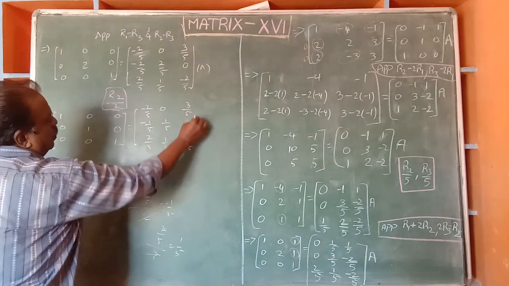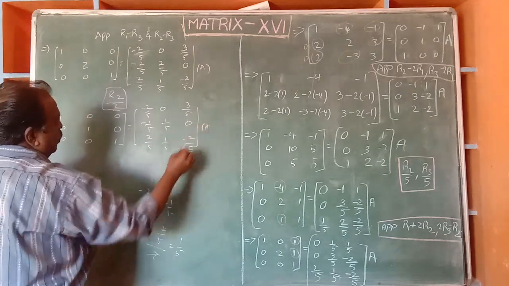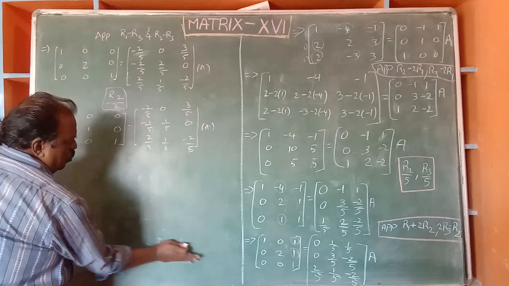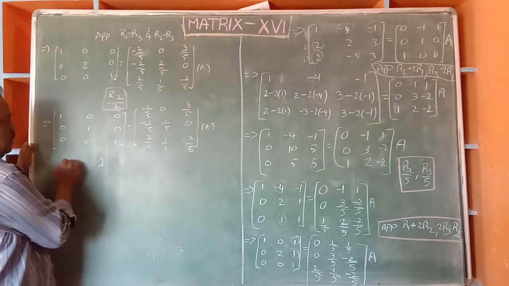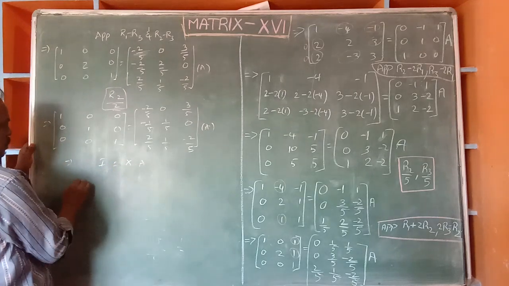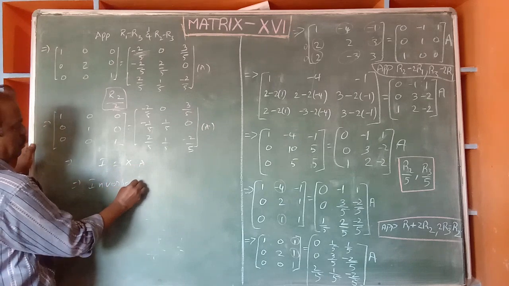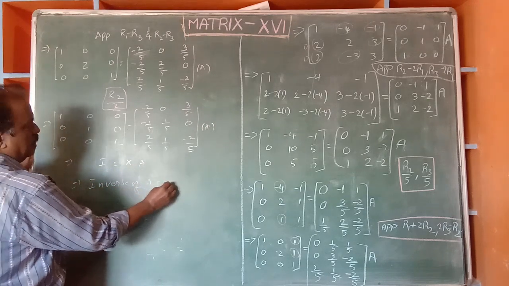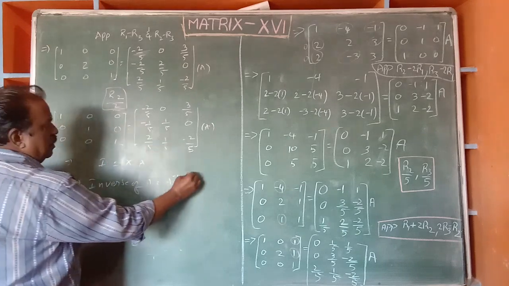Okay, now observe: X into A. Now we get in LHS I. This is I is equal to X into A. That implies inverse of A is equal to X, the inverse is nothing but that X. What is X?